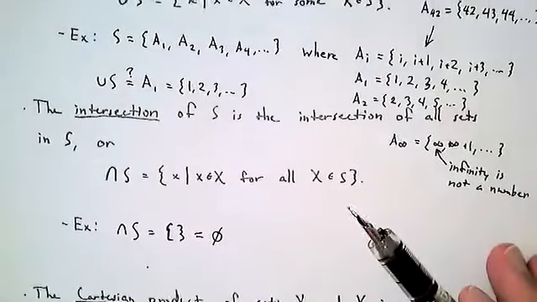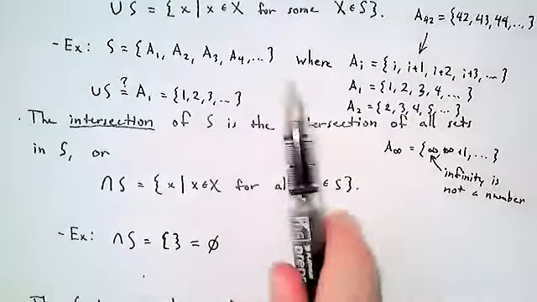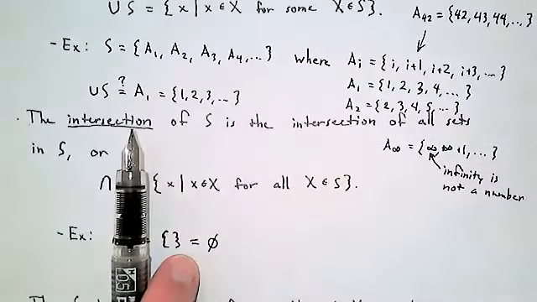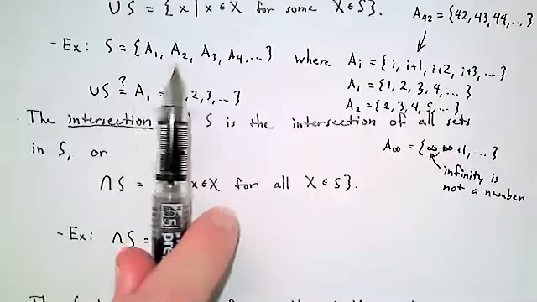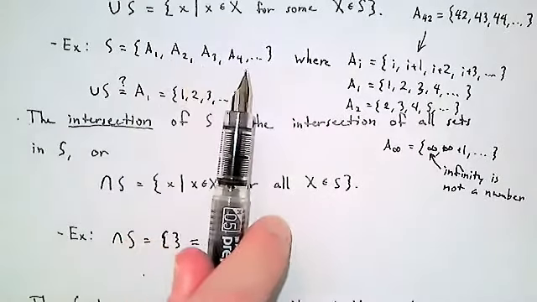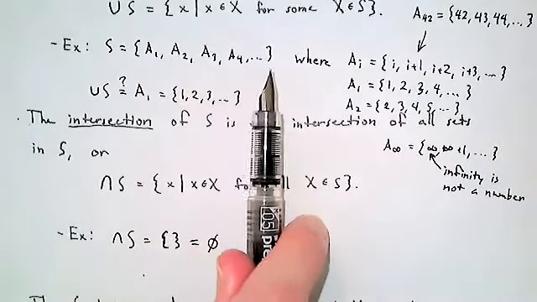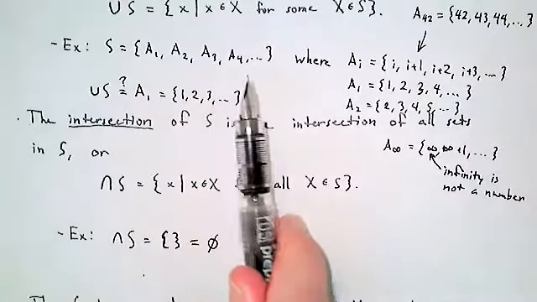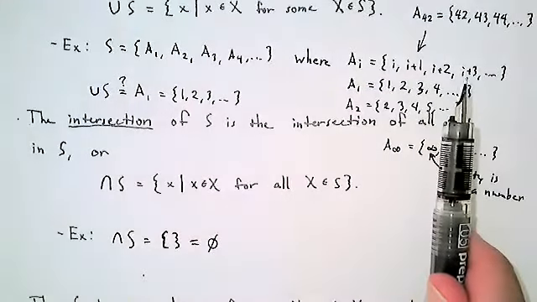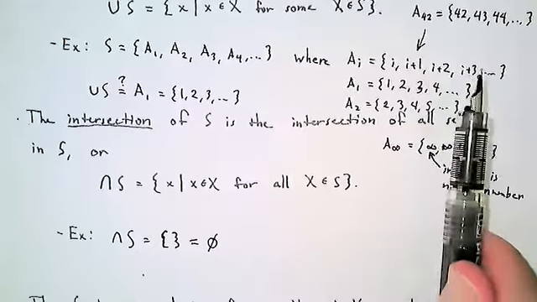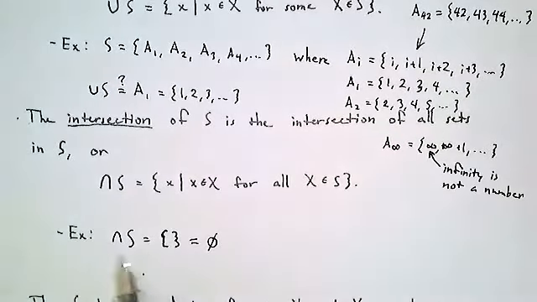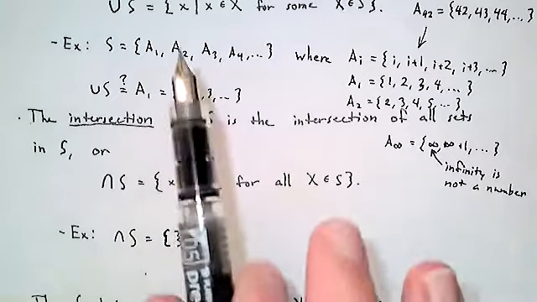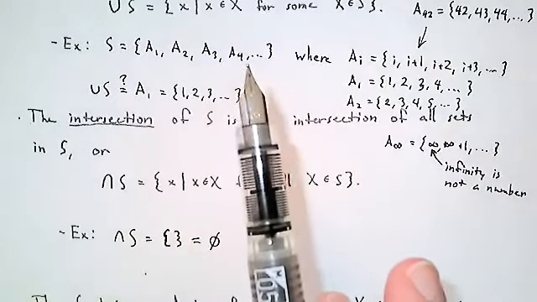So for this family, it's really big. So if you're going to be in the intersection, that means you have to be in each of an infinite number of sets. So you have to be in A1, A2, A3, A4, A5. You also have to be in a billion and three. So if we want to figure out the intersection, we have to decide if there's anything in all of these sets.